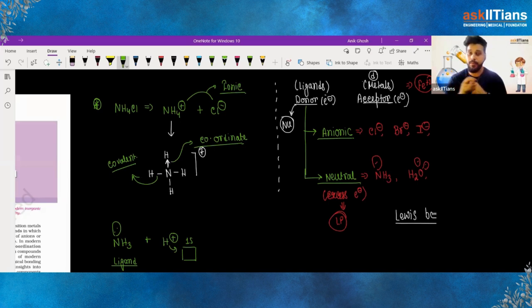So in order to fulfill your shell, you are definitely going to take electrons from somebody who has them. Just like a beggar goes to a rich person, and the rich person can stabilize him by giving him some money. So you take the electrons and get a stabilized 1s orbital, and now together you make this kind of bonding.